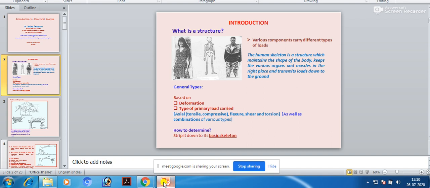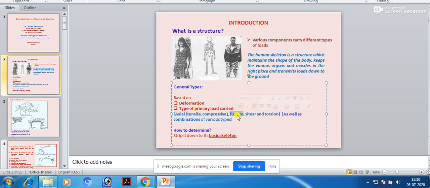A civil engineering structure will also carry different types of loads. You have learnt in your solid mechanics course the axial forces, which may be tensile or compressive.